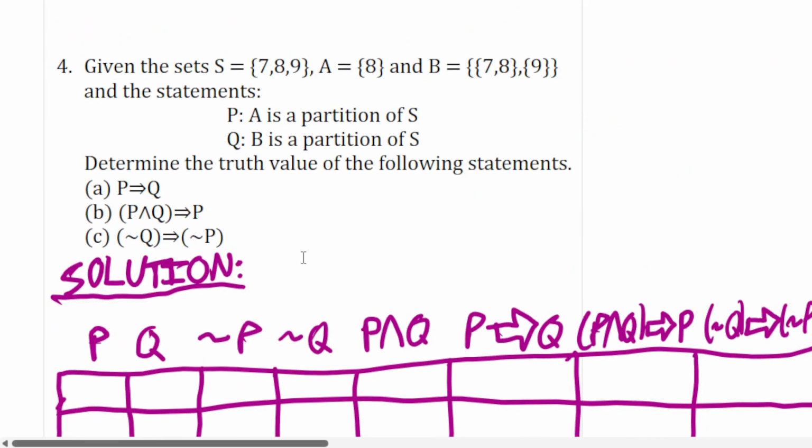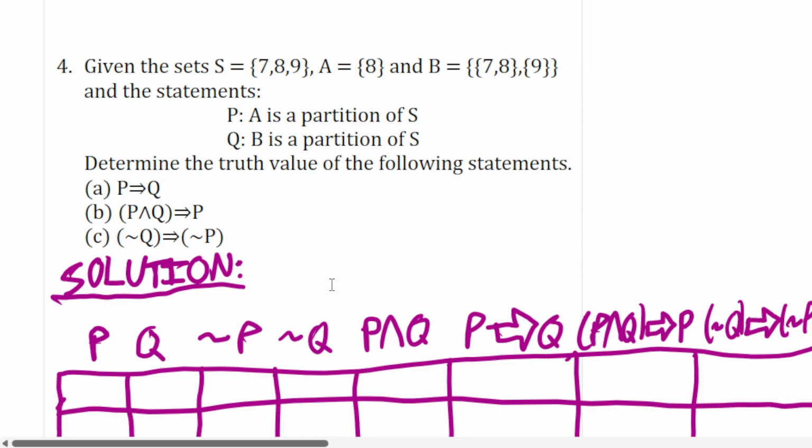All right, problem 4. We are given the sets S with elements 7, 8, 9, A with an element of 8, and B with an element of the set 7, 8, and another element with the set with the element 9.